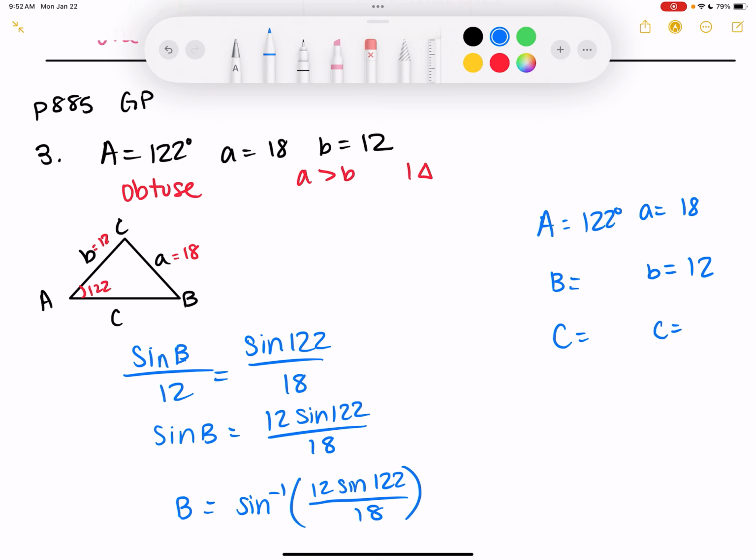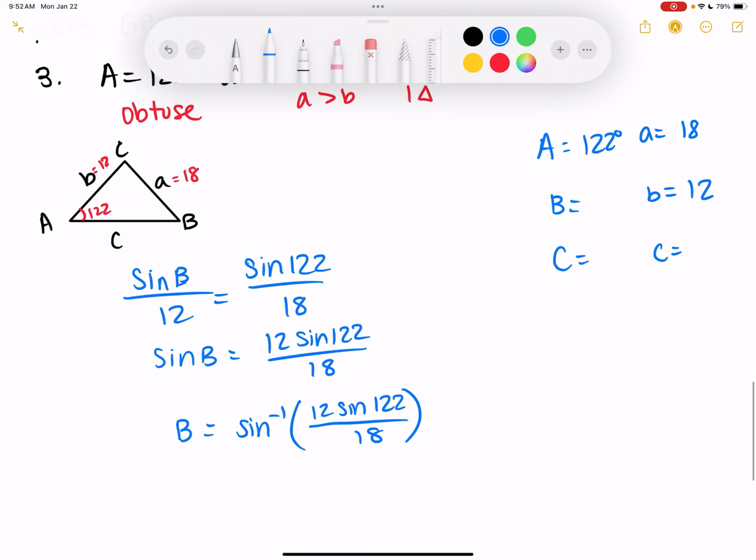So you can put this all in as one thing if you want, or you can work piece by piece. Again, make sure you're in degree mode. And that comes out to be 34.4, so I'm just going to call it 34. So 34 degrees. So I now have 2 angles, 2 sides.